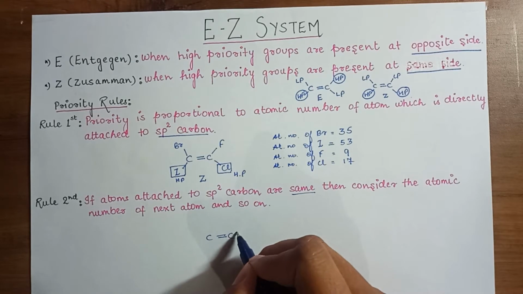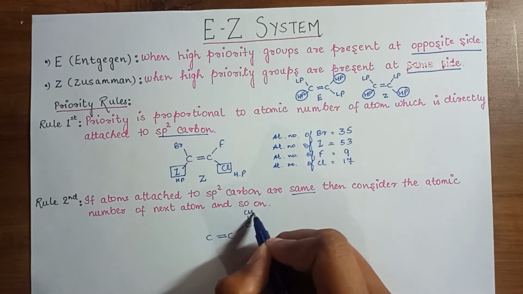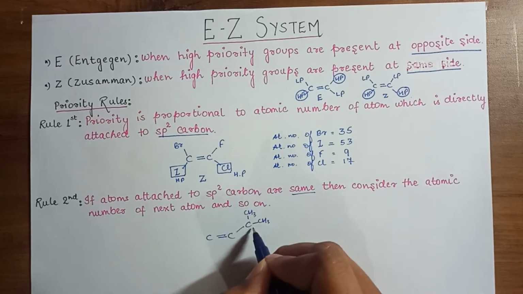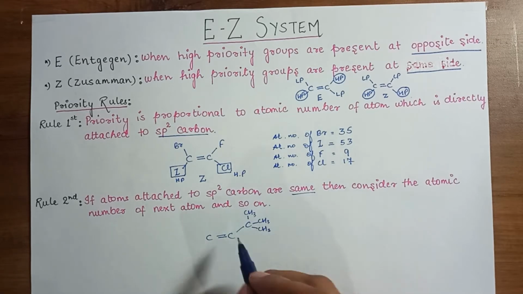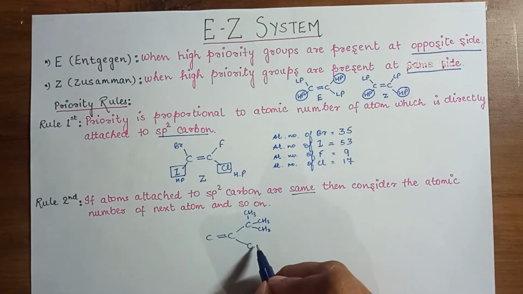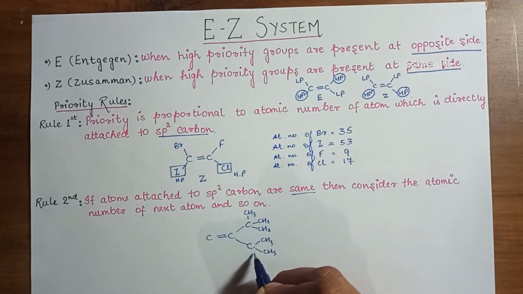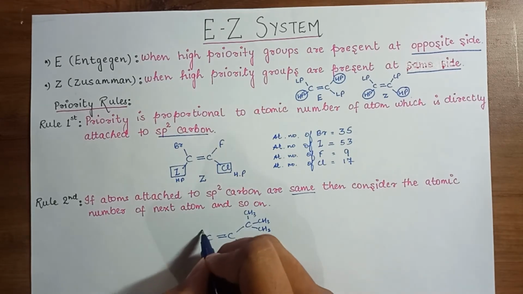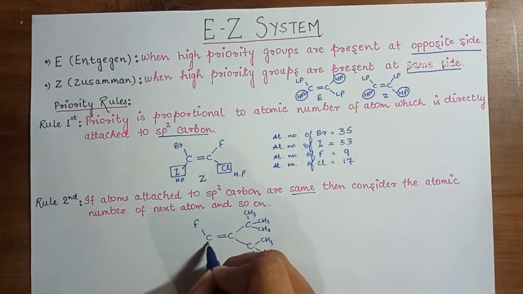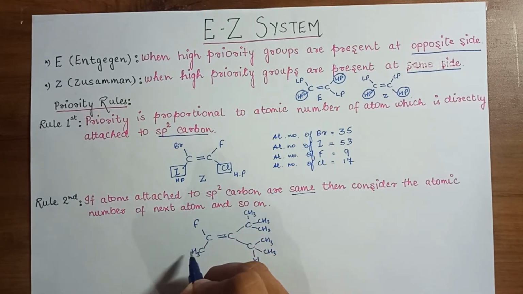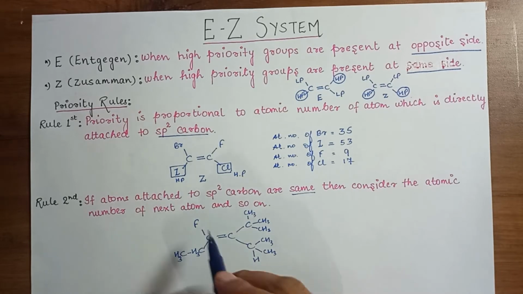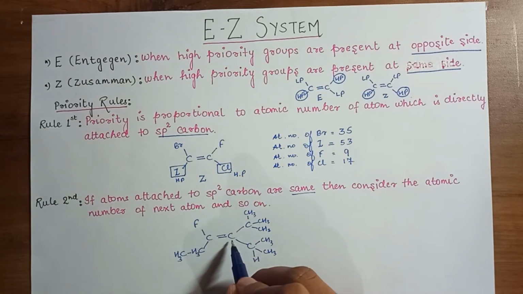C double bond C, C, CH3, CH3, CH3, C, CH3, CH3, H, fluorine, CH2, CH3. First we have to identify whether geometrical isomerism is possible or not. Look at this carbon, two groups are different. Look at this carbon, two groups are different. So geometrical isomer is possible.